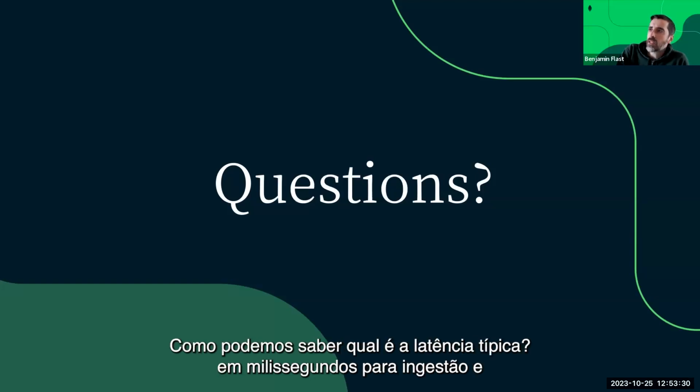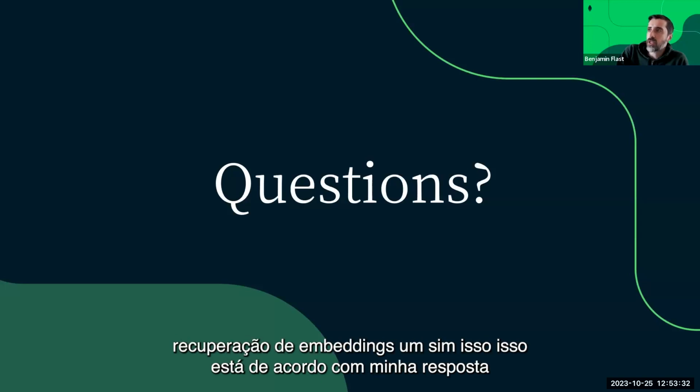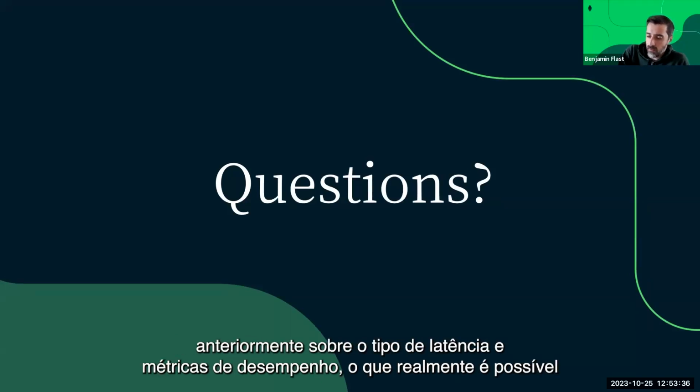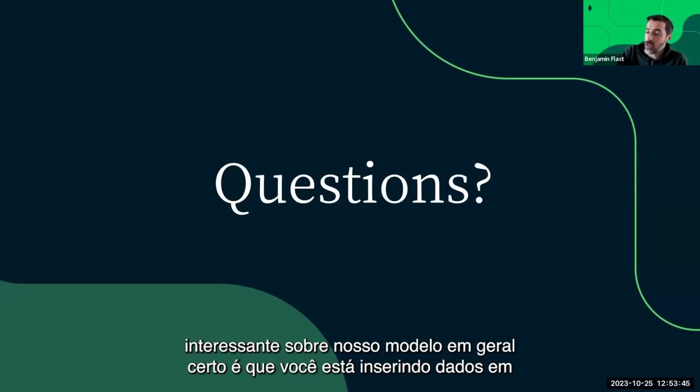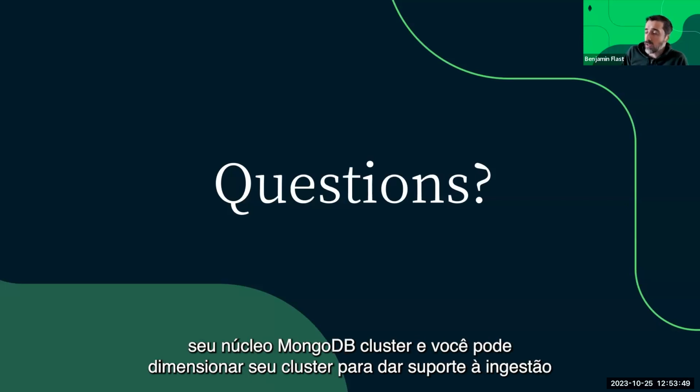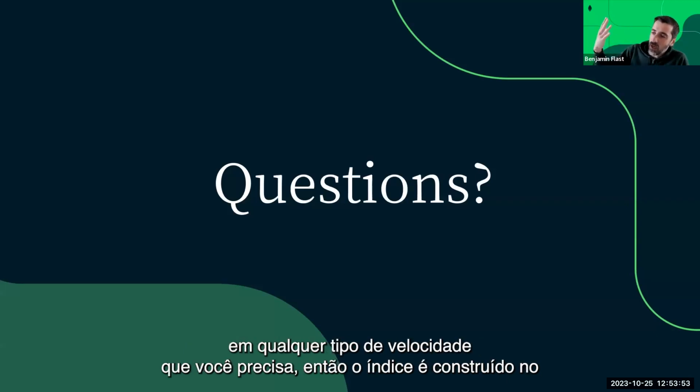Can we know what is the typical latency in milliseconds for ingestion and retrieval of embeddings? Yeah, that goes along with my answer earlier about latency and performance metrics. Really, you can scale your system to support what you need. One of the things that's interesting about our model in general is that you're inserting data into your core MongoDB cluster, and you can scale your cluster to support ingestion at whatever speed you need.